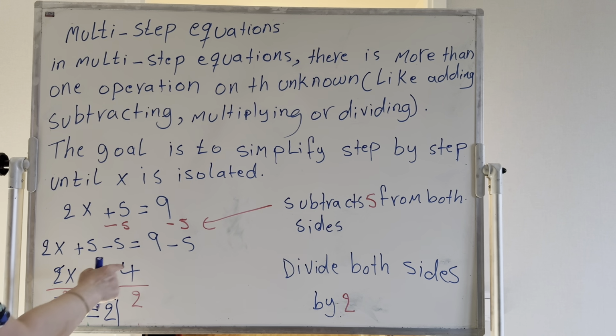Shorten 2 with 2, and 4 divided by 2 equals 2. This was the first example.